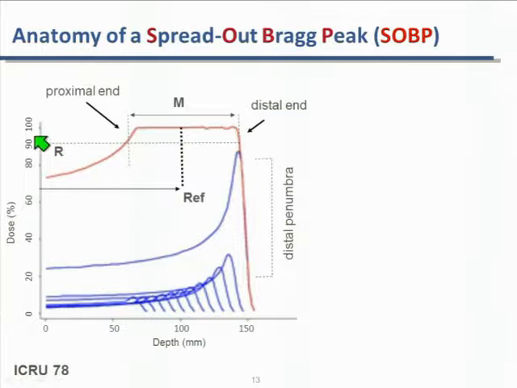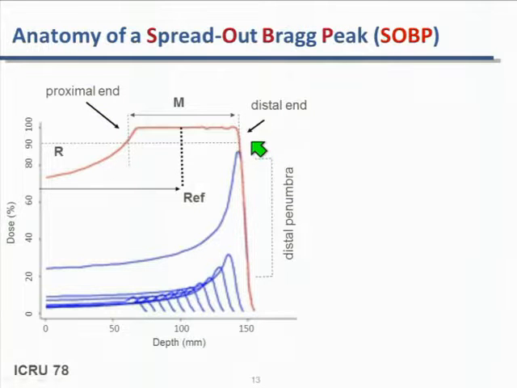Range is defined from the surface to the 90% distal end, the point where the dose falls to 90% of the prescribed dose. The prescribed dose normally is the dose in the middle of this modulation area, assuming the modulation area is flat. M stands for modulation. It is defined from the proximal 90% point to the distal 90% point.